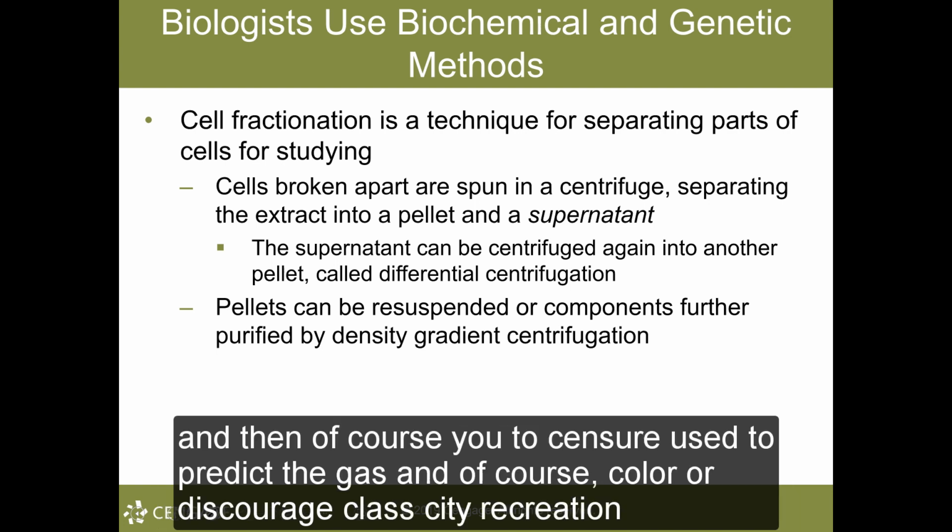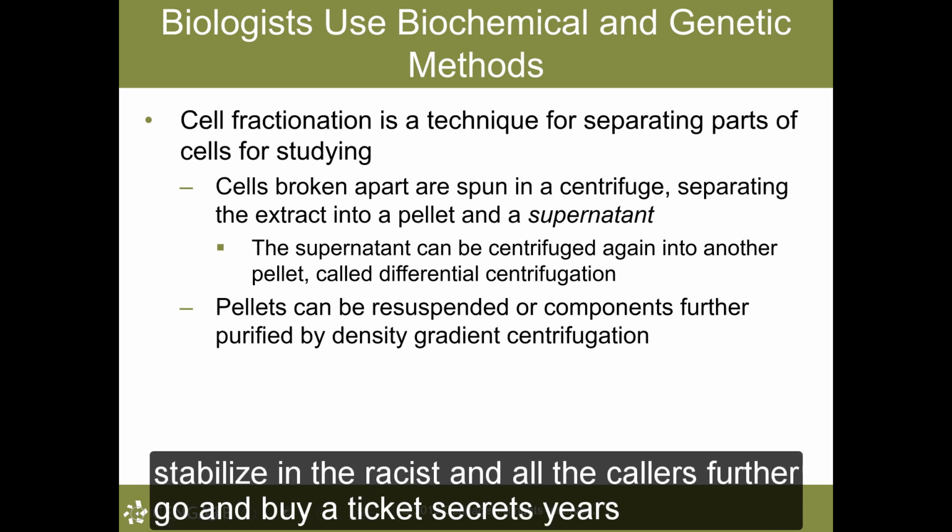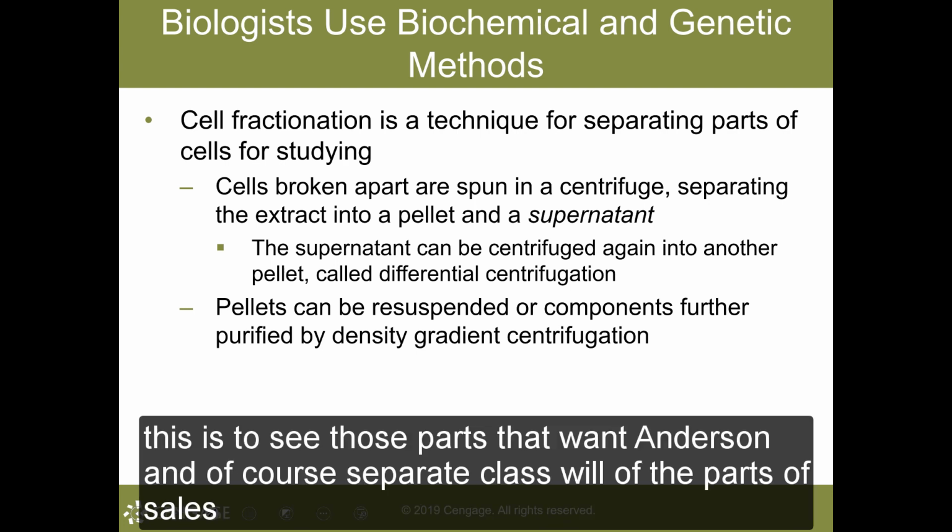Then you can centrifuge the supernatant again into another pellet, for differential centrifugation. The pellets can be resuspended or the components further purified by density gradient centrifugation. This is to see those parts that were in the cell and separate them from those other parts of the cell.